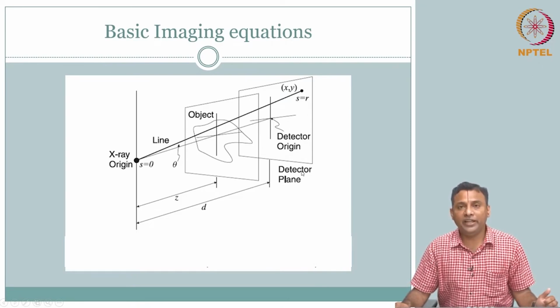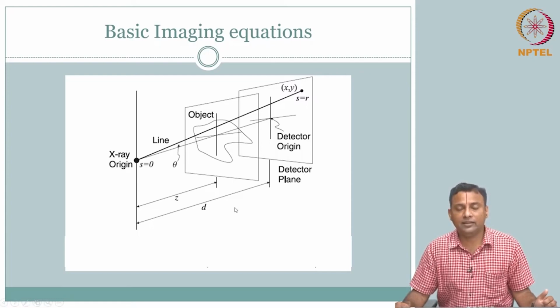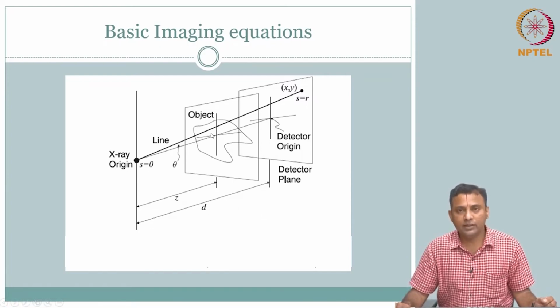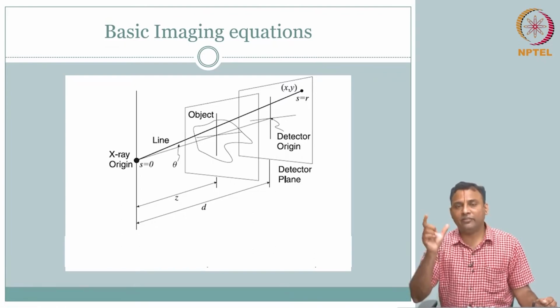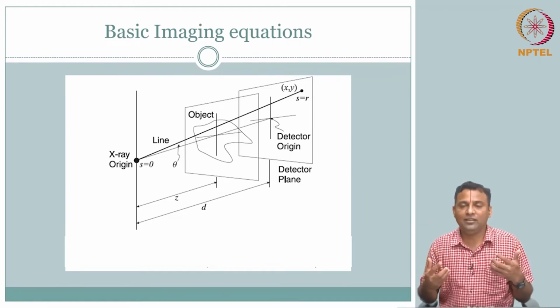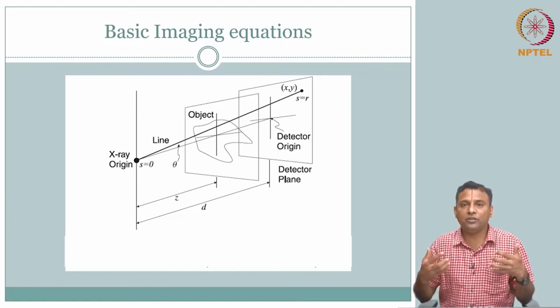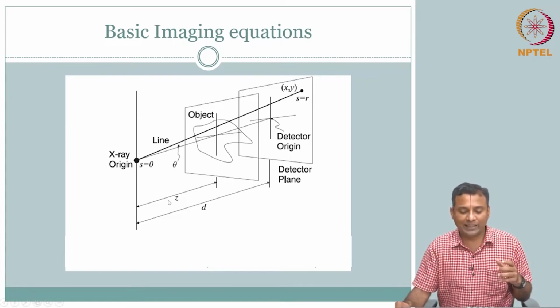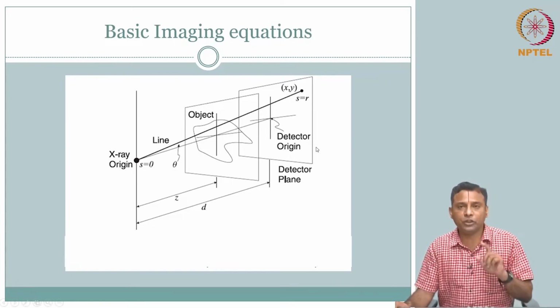Now we need to see what factors are going to play from the instrumentation point of view, and how they are going to get into the fundamental law that we wrote. So we need to update the fundamental law, or use it for a given setup like this, which is what we will do now.